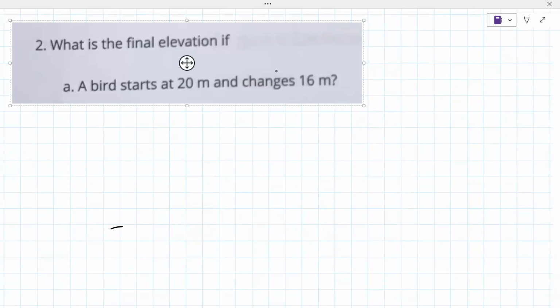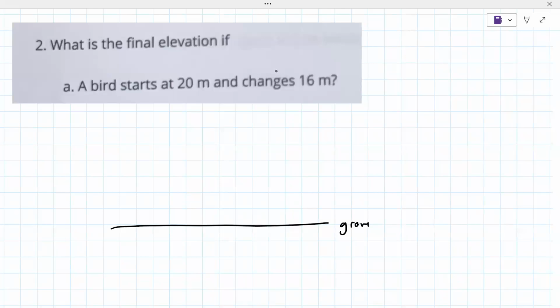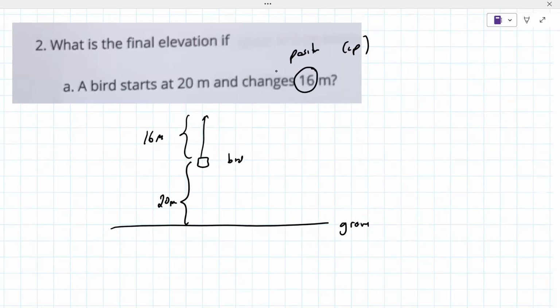They're saying there's some reference point to the ground, and the bird is currently at 20 meters from the ground. That's the bird. And then the change, in this case, because it's positive, means it's going up. So it's going up another 16 meters here. And they want you to figure out its final elevation.